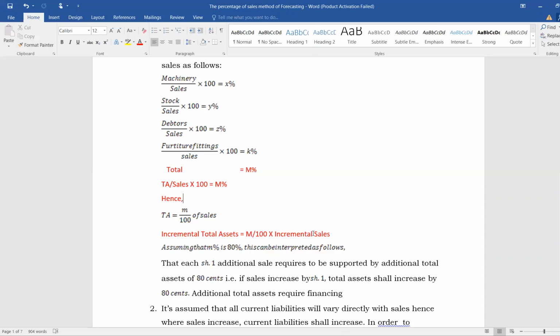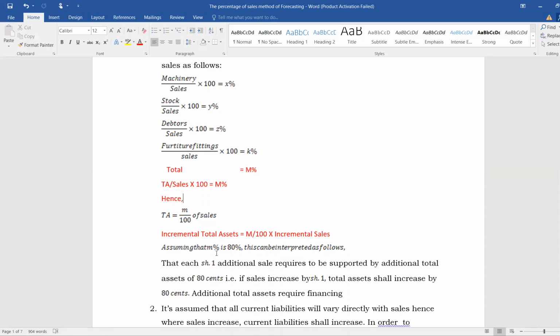Remember the question I asked earlier: now that sales and assets have a direct relationship, and we are assuming that a change in sales affects a change in assets, if sales were to go up by 1 shilling, then assets will increase by how much? This relationship helps us to answer that question.